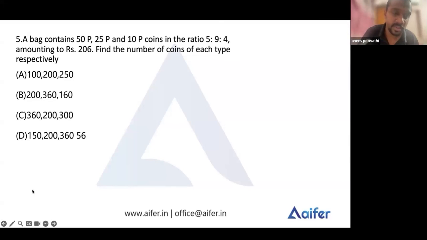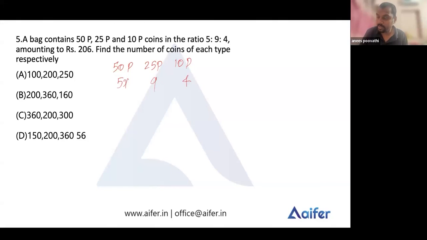So the question here is, a bag contains 50 paisa, 25 paisa, and 10 paisa coins in the ratio 5:9:4. So what we can write is, we have 50 paisa, 25 paisa, and 10 paisa in the ratio 5:9:4.